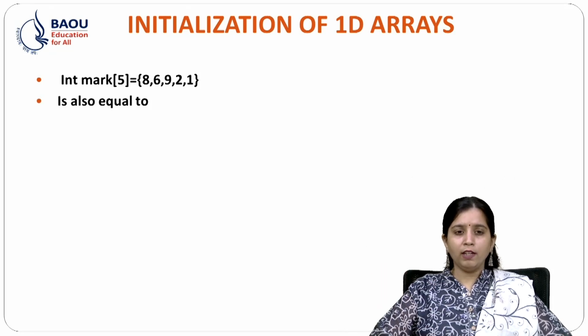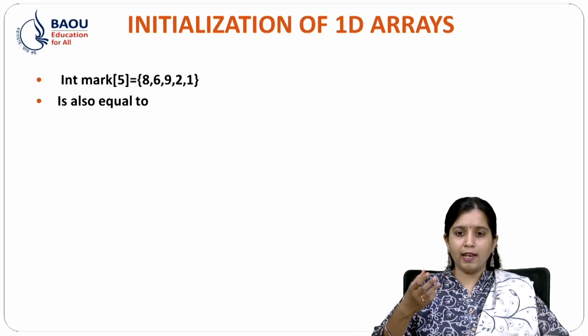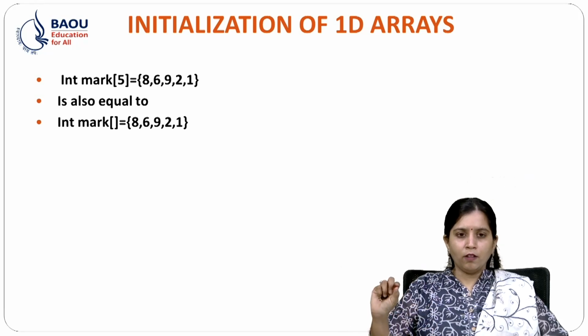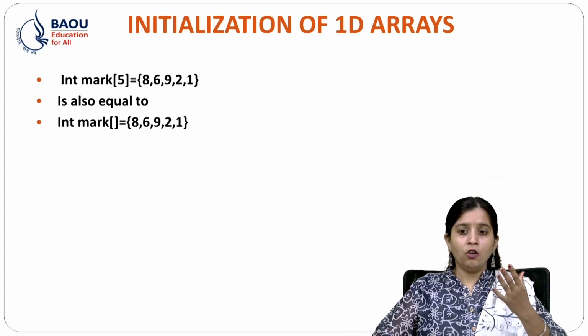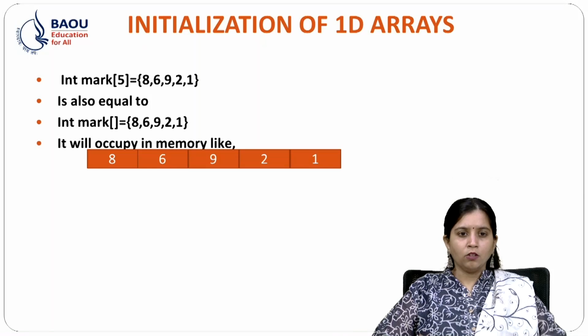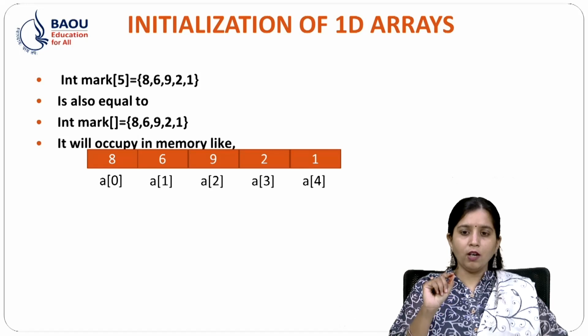Another way to use this array is int marks[] and then the values of marks. So how will these marks look in our memory, we will see. At position 0, A[0], 0 is a subscript or index in C++.